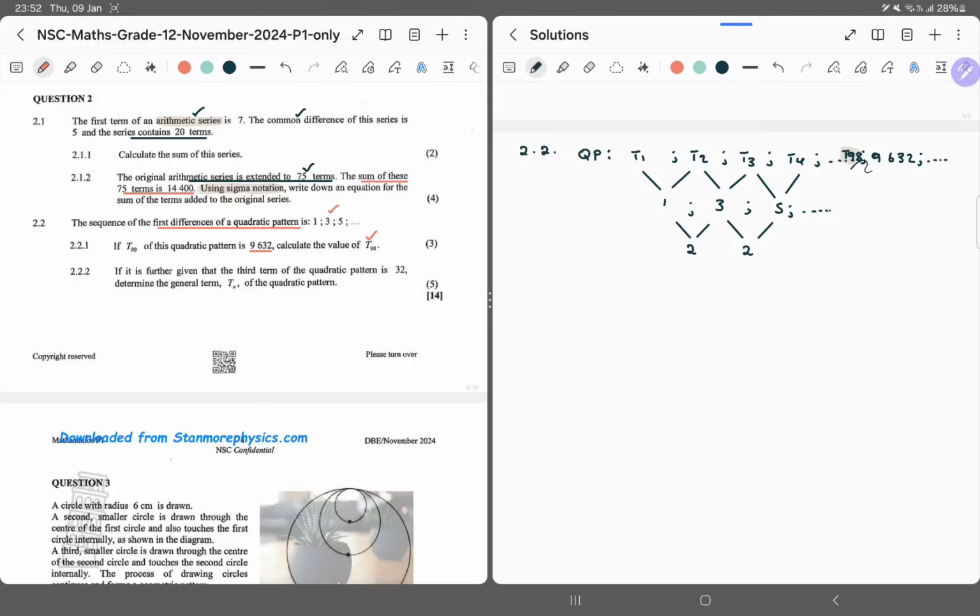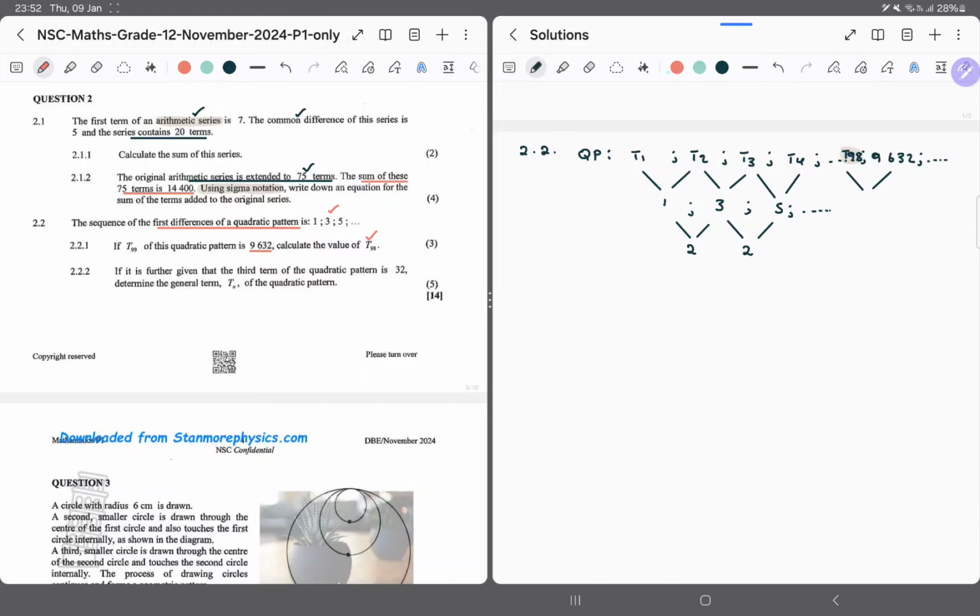As you can appreciate, now look at the pattern. If we're looking at the difference between T2 and T1, we get T1. The difference between T3 and T2, we get T3.